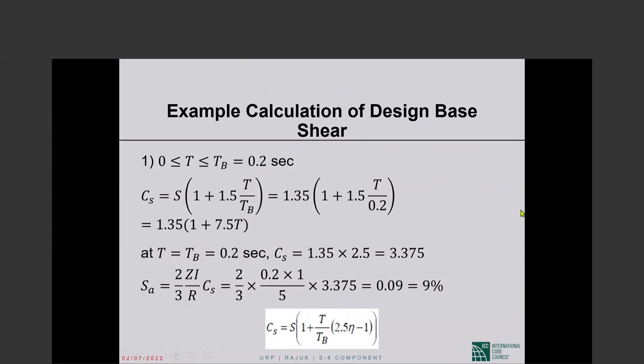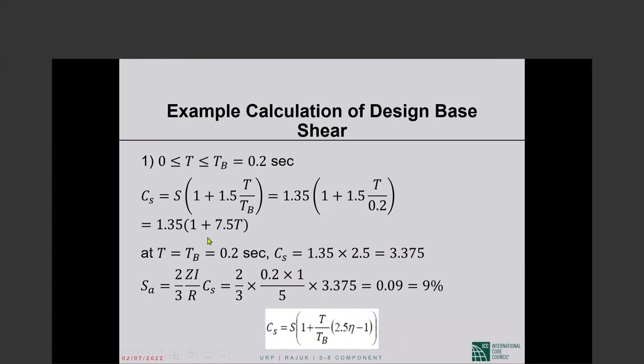So the spectrum has four branches: the ramp building up to the flat top, the flat top, the descending branch, and then the 1 over T squared branch. For the first branch, this is the equation. If you go back, you'll see the same equation. We will take eta equal to 1 for 5% of critical damping.